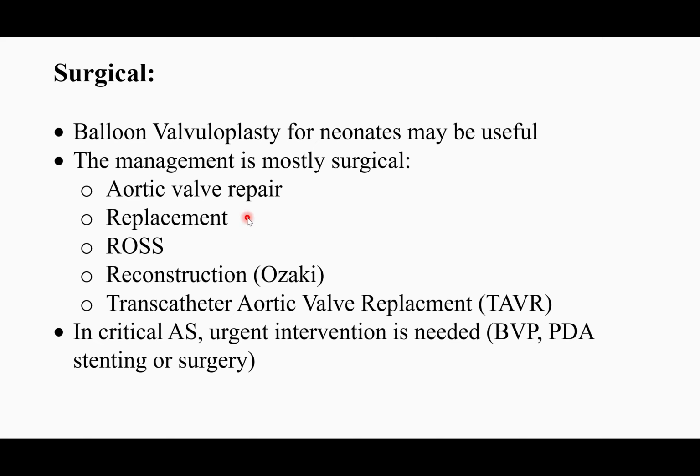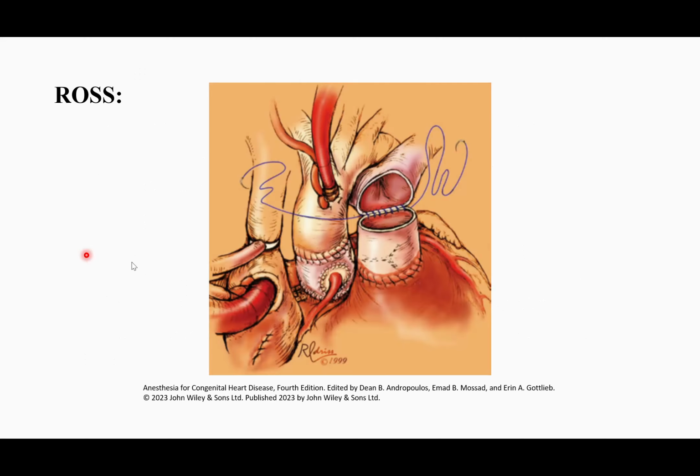So they found that the best option for these patients is Ross. In the Ross operation, we take the native healthy, living pulmonary valve of the patient, and we put it in place of the diseased aortic valve. So the patient gets a living valve as a replacement for the aortic valve, and this valve contains living tissue, contains fibroblasts.